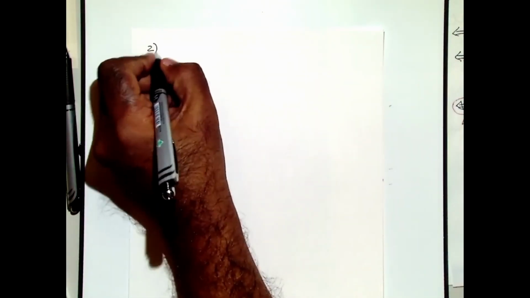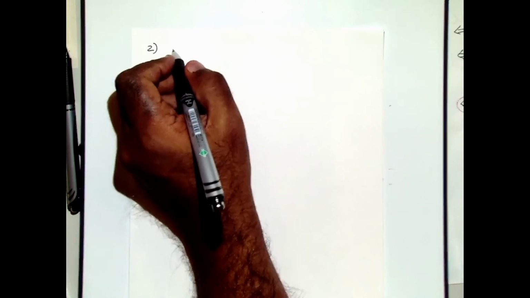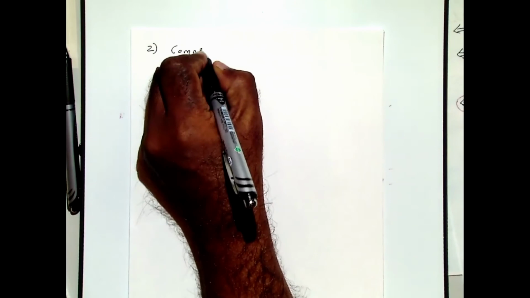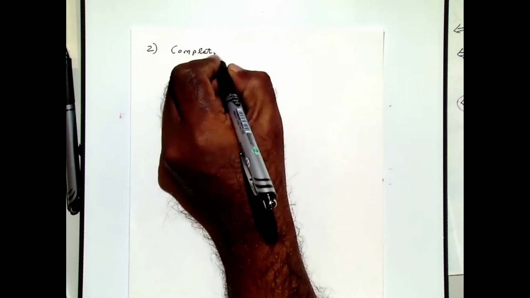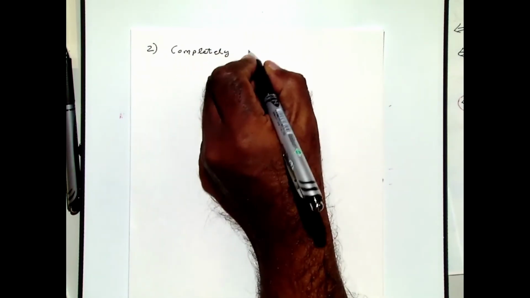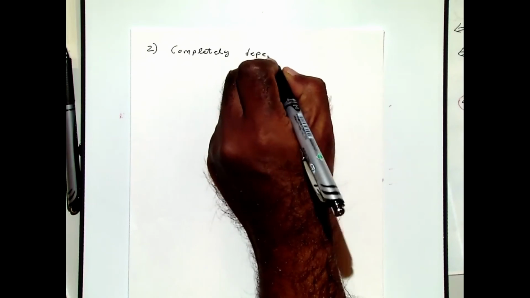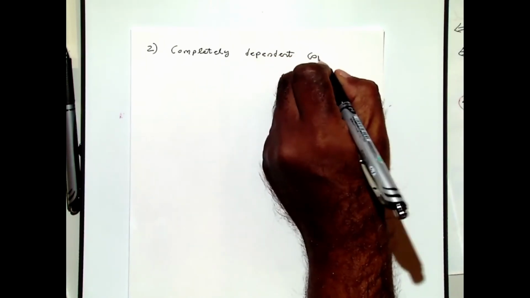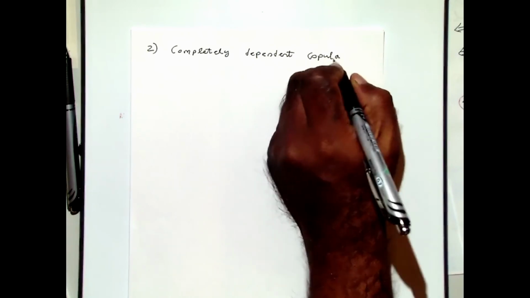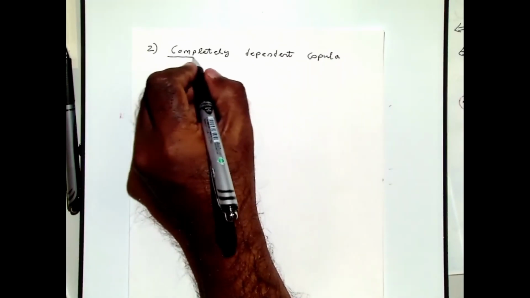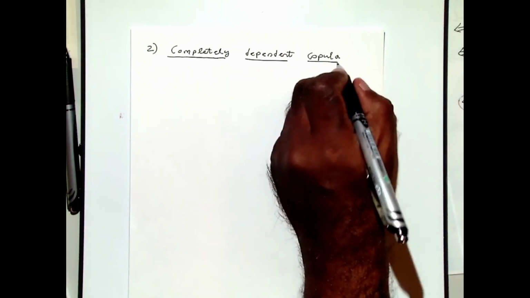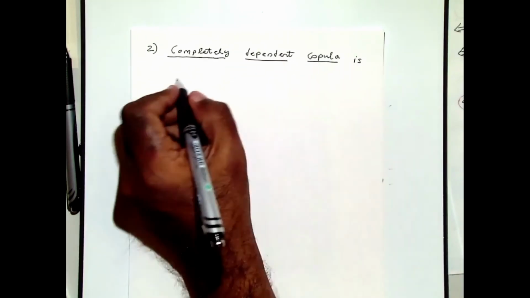The second copula is known as the completely dependent copula, and it's defined as the following.